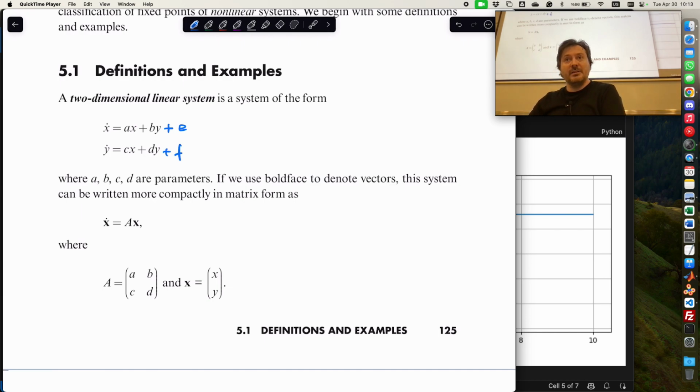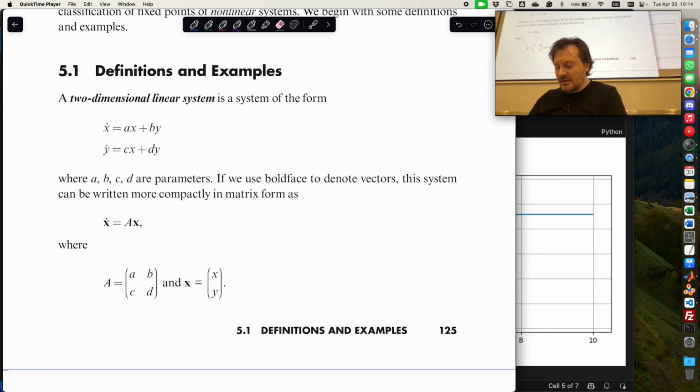Will it still be linear? Yes, it would still be linear, but you can always shift x and y in a way that these become 0. So it's a typical two-dimensional linear system, and we will spend a lot of time here.